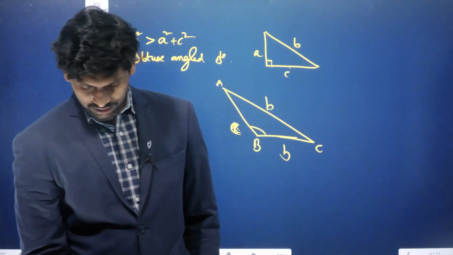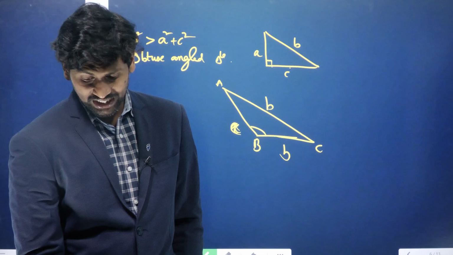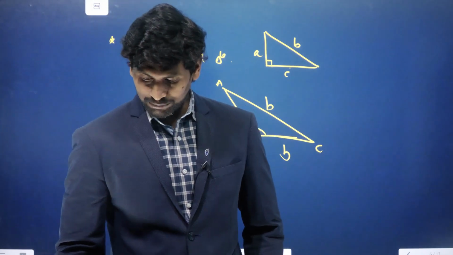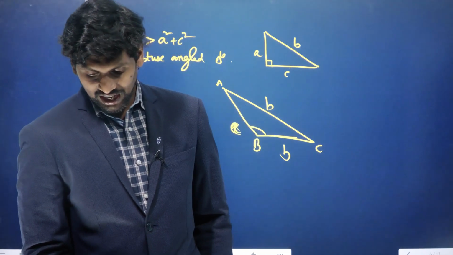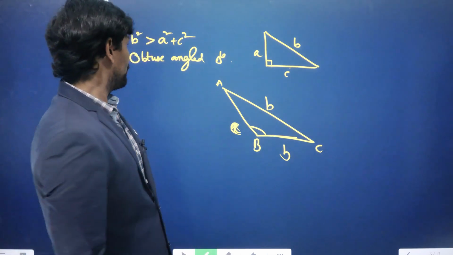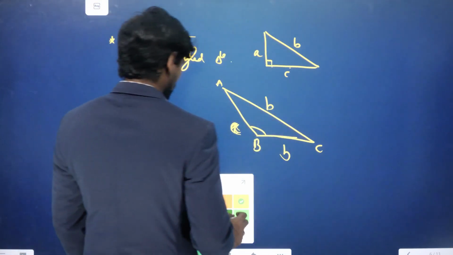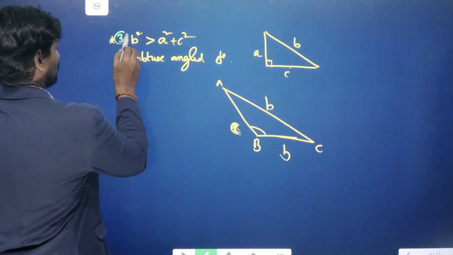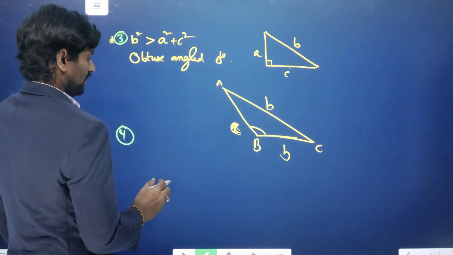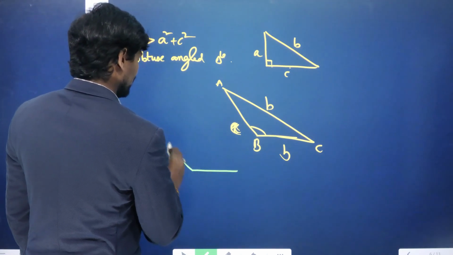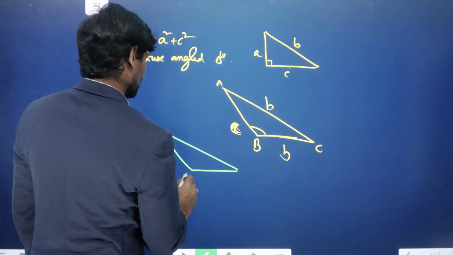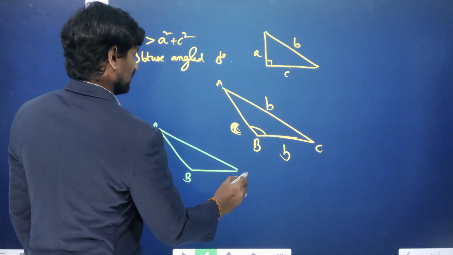Right. Now question number 4, in triangle ABC, angle B is obtuse and AD is perpendicular to BC. What is the question? This is question number 3. So question number 4, in an obtuse angle triangle, B is an obtuse angle.